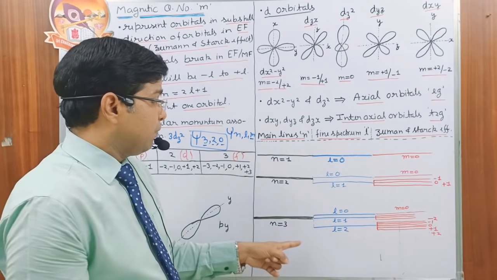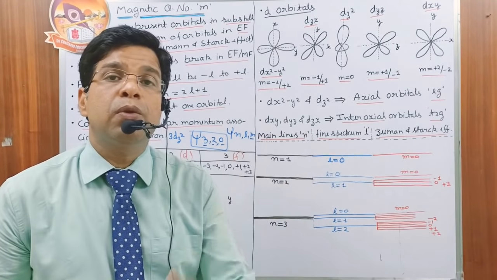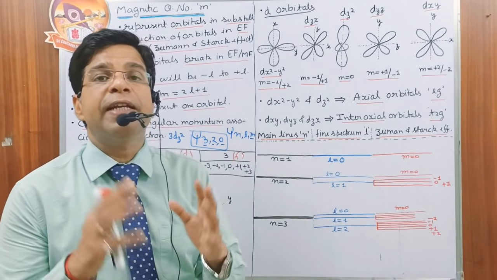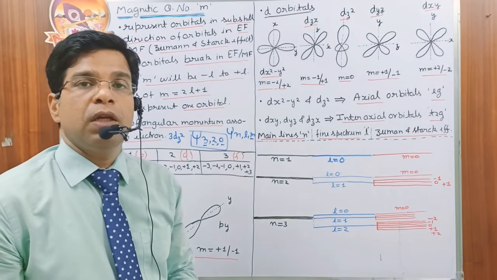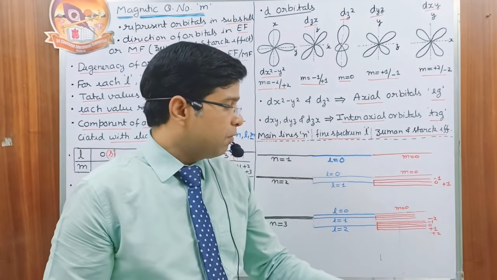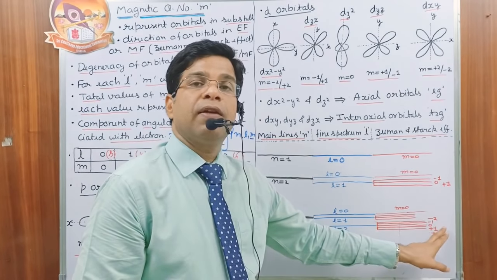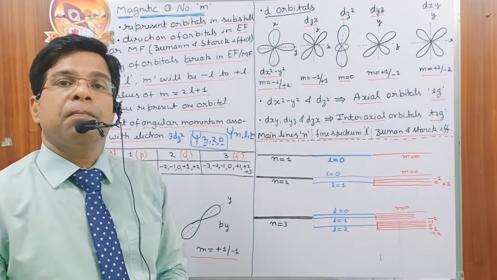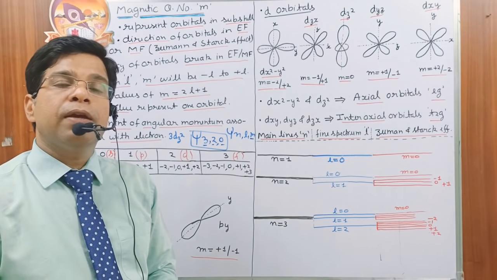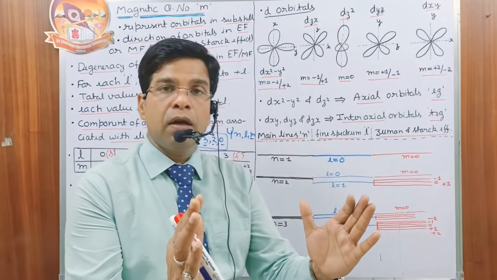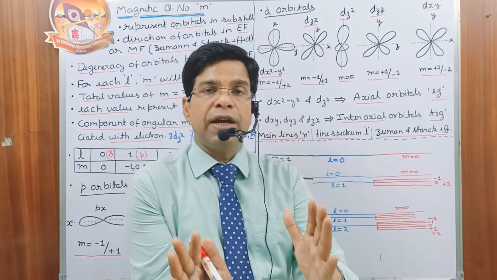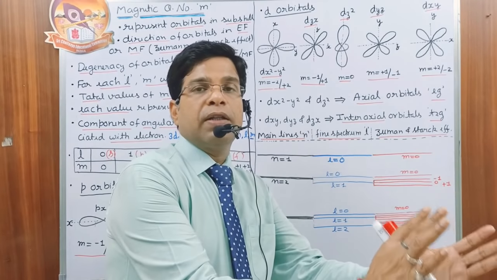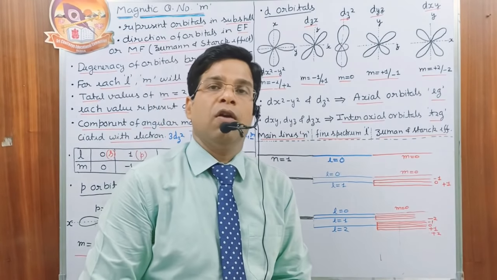But for l equal to 2, in the presence of electric field and magnetic field, it is split into 5 parts: one line for -2, one for -1, one for 0, one for +1, and one for +2. This means shells are formed by subshells, and subshells are further formed by the combination of different orbitals.